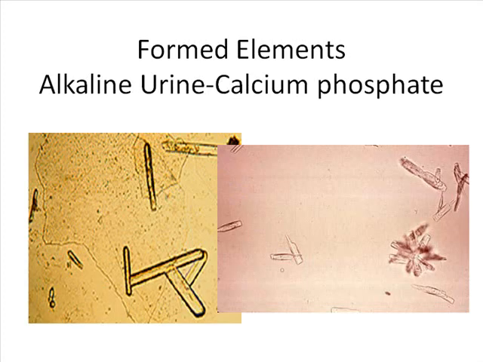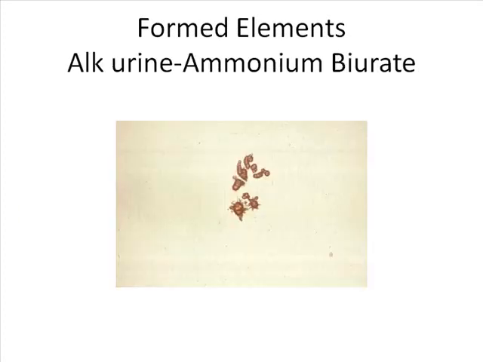Now, calcium phosphate is one that you can frequently see. Sometimes it's overlooked because it almost looks like artifact. It is totally normal. Once again, it is crystallizing out in normal urine. All right. Now, ammonium biurate is called the thorny apple.